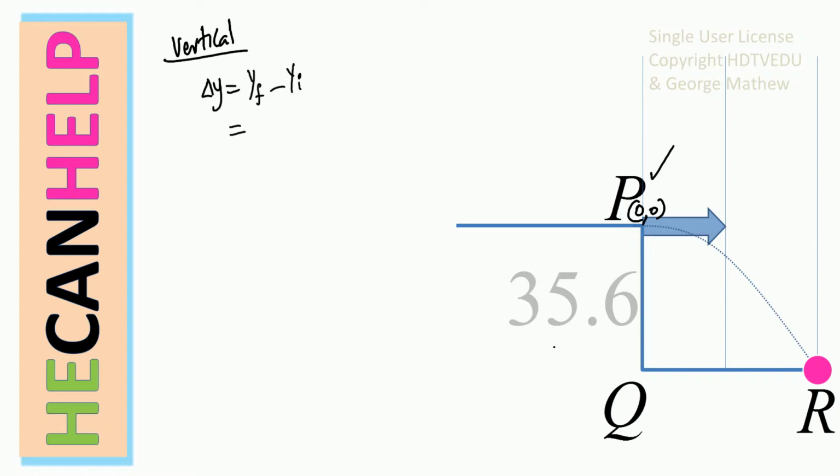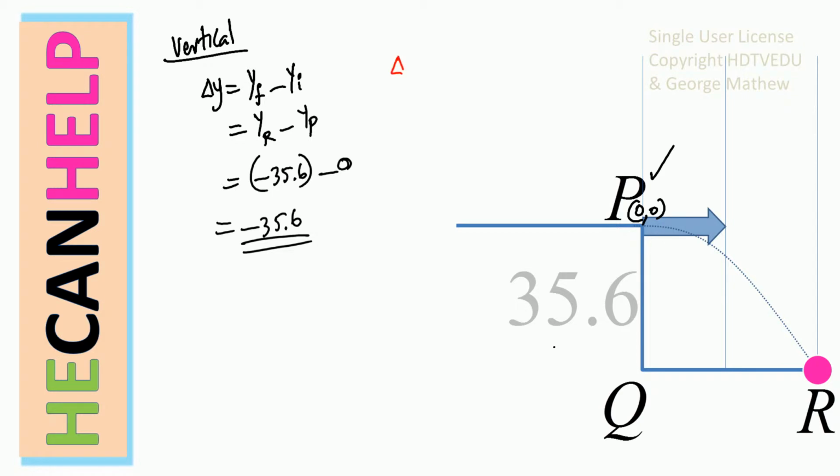Y final is the vertical position of point R, minus the vertical position at point P. The vertical position at point R is 35.6 meters below 0, so it is negative 35.6. Vertical position at point P is 0. So what do we get? Negative 35.6.